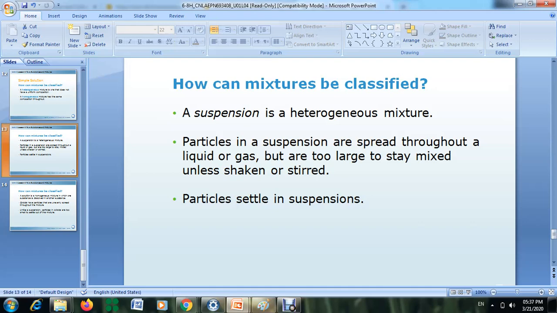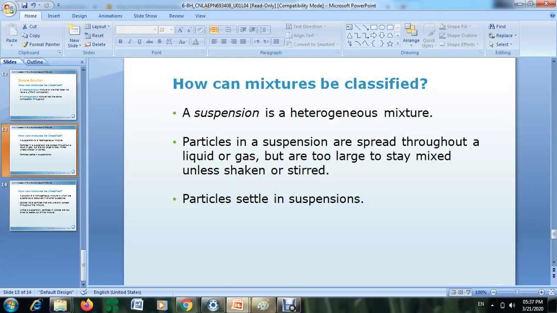For example, if you have sand and you put it in water and you start to stir them, do you think the sand particles will be dissolved in the water? For sure not. If you leave the beaker for a while, they will settle down. So particles in suspension settle down after a while, because you can see the particles.